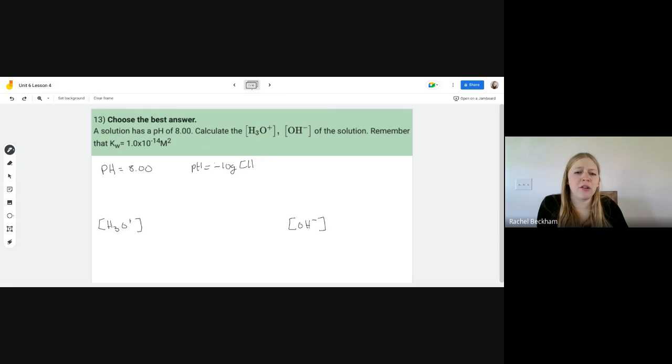Well, like I said earlier, if you want to rearrange and solve the other way, then the other formula is that H3O plus is equal to 10 to the negative pH. That's how you rearrange the logarithm. Logarithms are kind of weird. So 10 to the negative 8.00 should tell us the H3O plus concentration because our pH is 8.00.